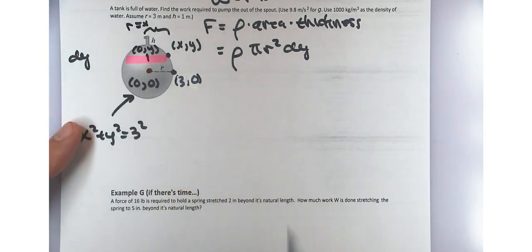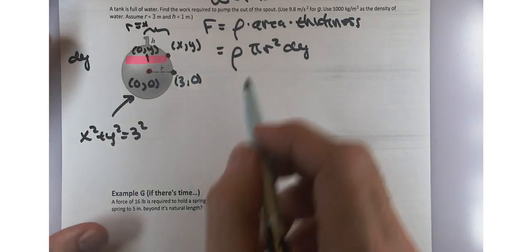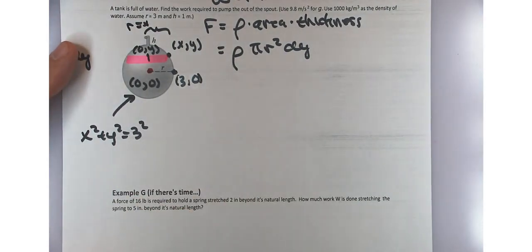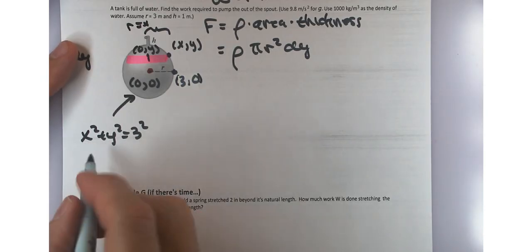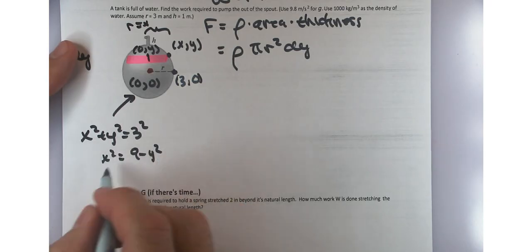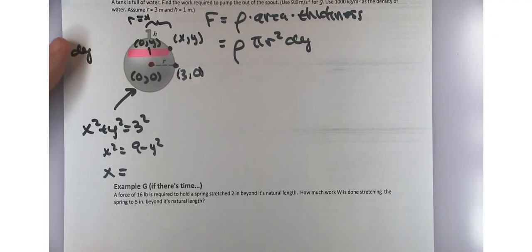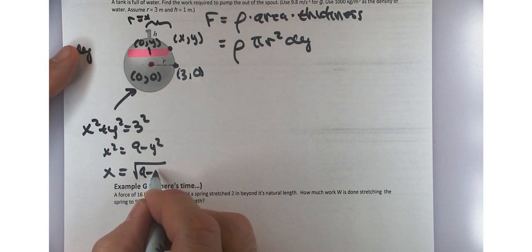But that's not so good. What's the problem with having r equal to x? You need it in terms of y. So we need to solve for x in terms of y. x squared equals 9 minus y squared, or better yet, x equals the square root of 9 minus y squared.